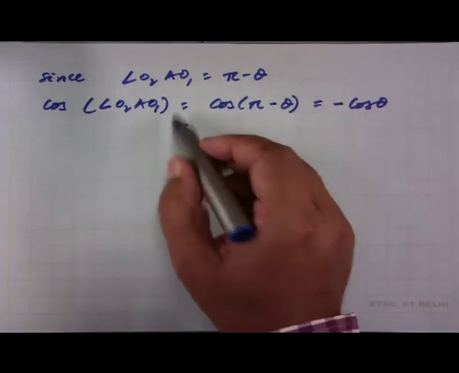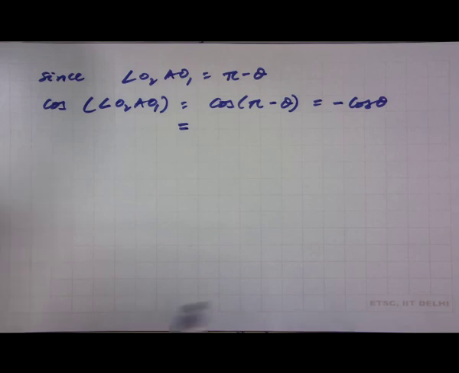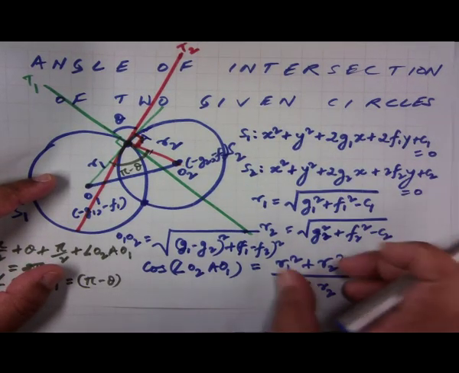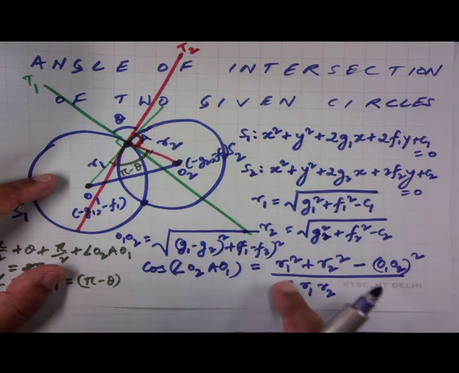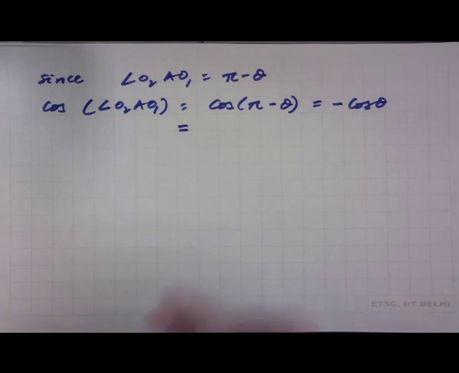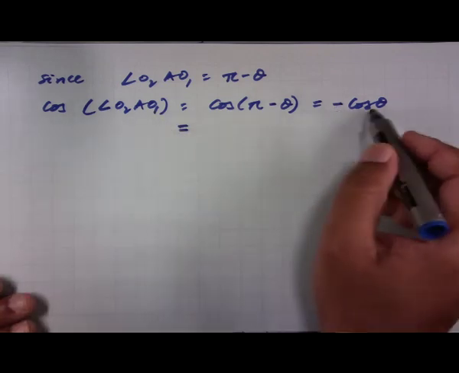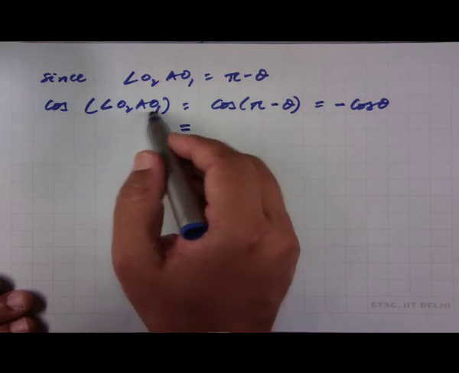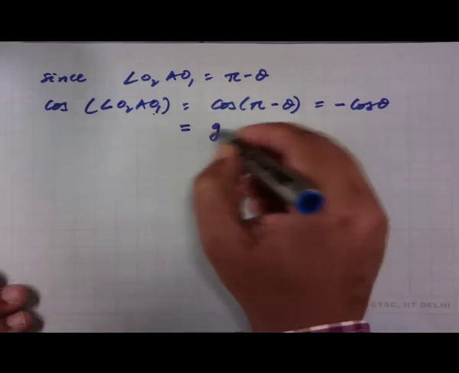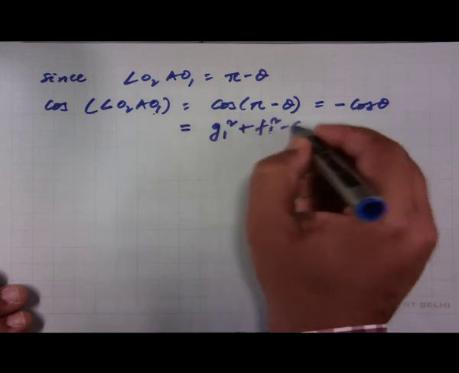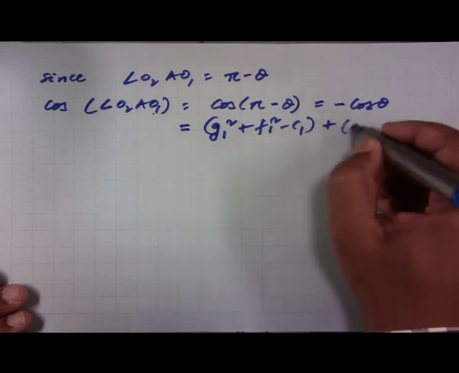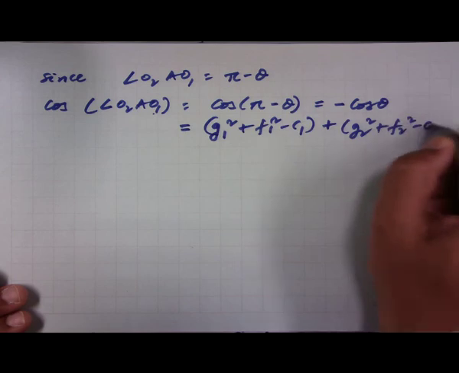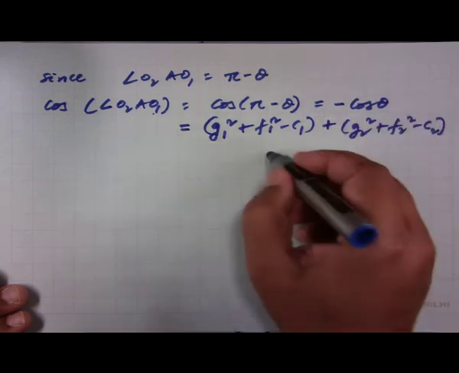But we also know that this is equal to, from the previous slide, we will just replace the expressions for R1, R2 and O1O2. So, these three expressions will be substituted here, and thereby we are going to get cosine of angle O2AO1, which is minus cos theta, to be equal to, so R1 square will be G1 square plus F1 square minus C1, plus R2 square will be G2 square plus F2 square minus C2, minus O1O2 whole square.